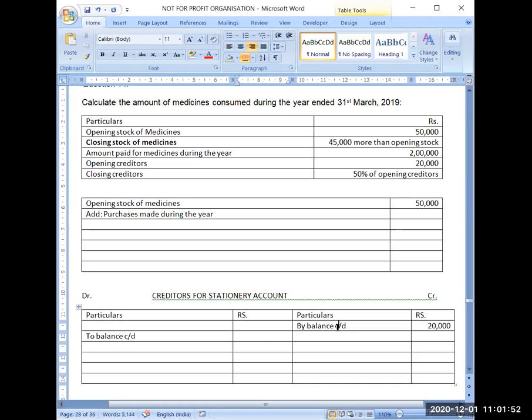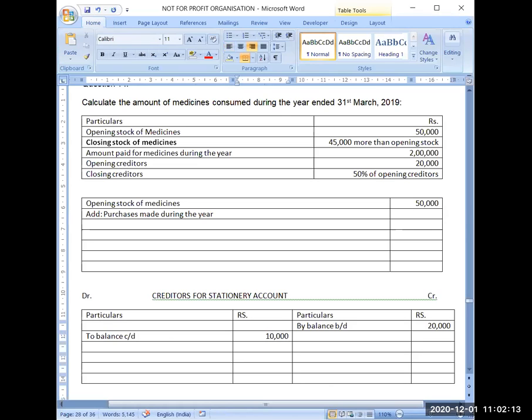The opening balance will be written as brought down. So closing balance is 50% of opening creditors, so it will become 10,000. So in this way, we will first write the opening balance and closing balance of the creditors.